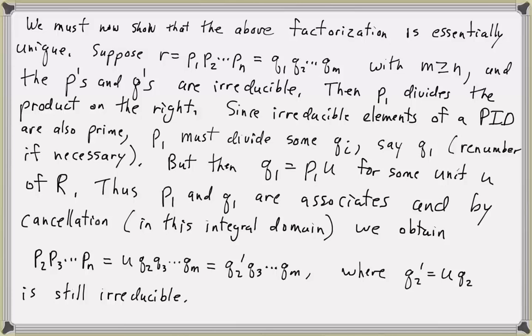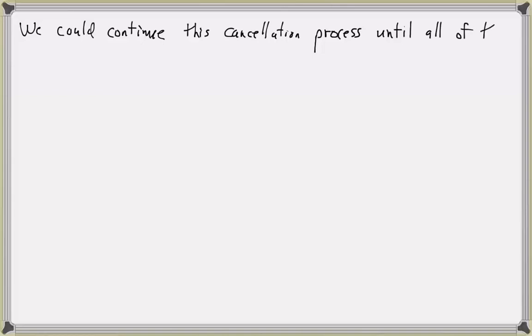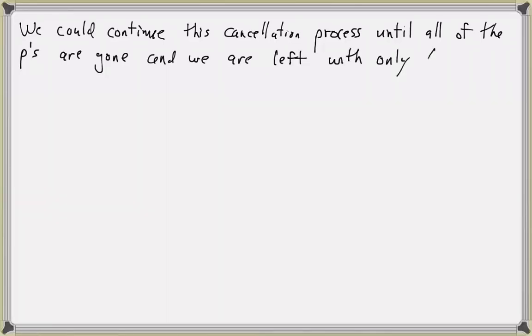So let's continue to cancel these p's. We could continue this cancellation process until all the p's are gone, and we are left with only the identity 1 on the left side.